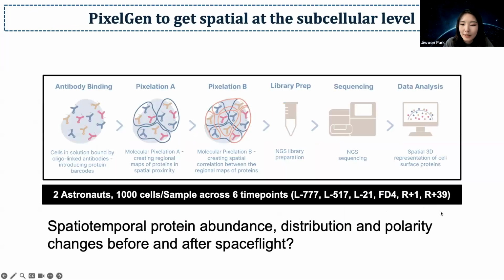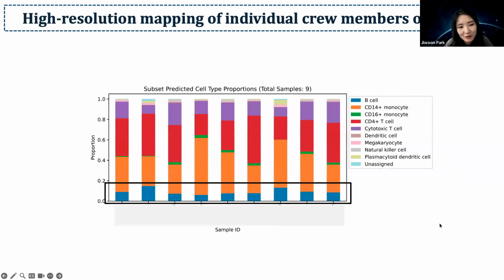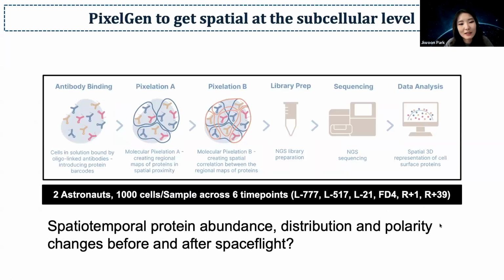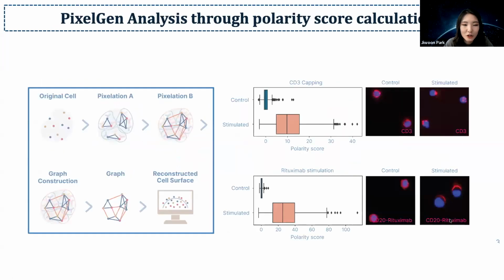But also going all the way down into the 3D again, to look into not just the expressions and what proportions of the cells are there, but also what the colocalizations are, or what kind of information is captured at the subcellular level. Specifically, using Pixelgen on the same astronaut samples, we look into the polarity of specific immune molecules that we can capture from these cells.